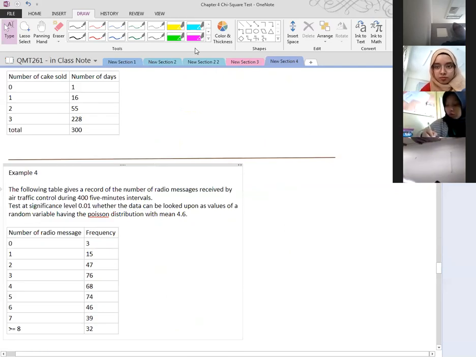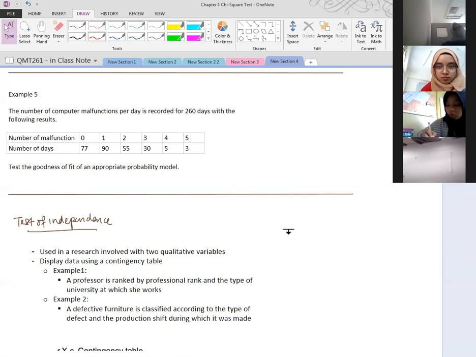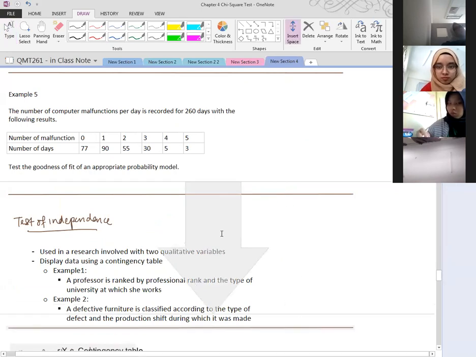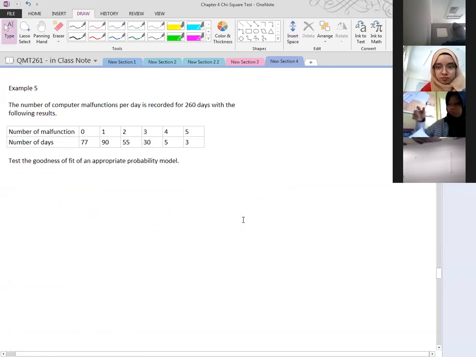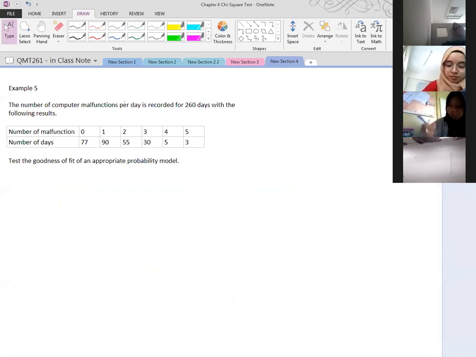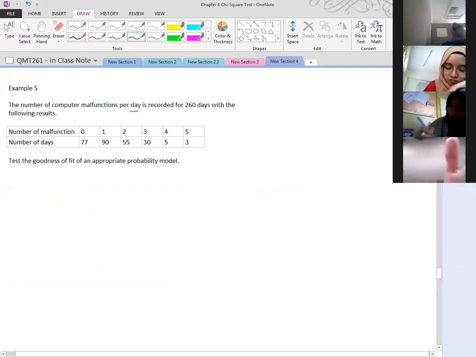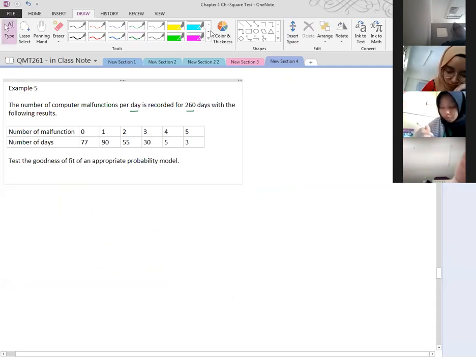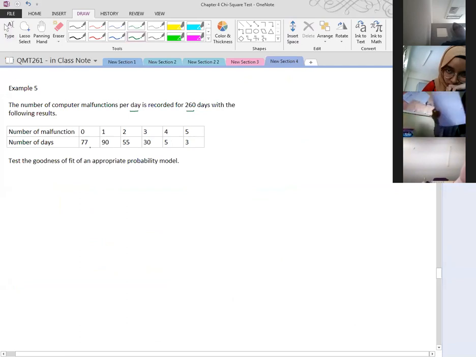Now look at example number 5. The number of computer malfunctions per day is recorded for 260 days, with the following result. We have the number of malfunctions 0, 1, 2, 3, 4, 5, and the number of days 77 and so on, where the total should be equal to 260.